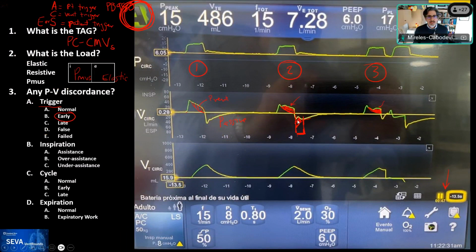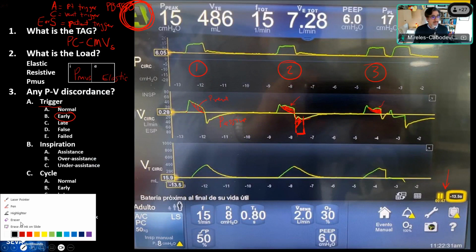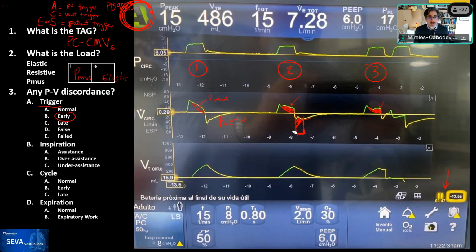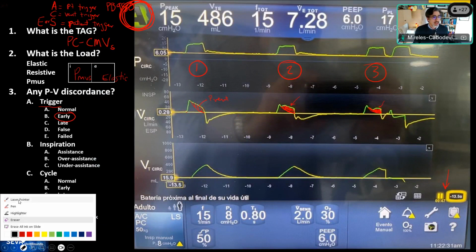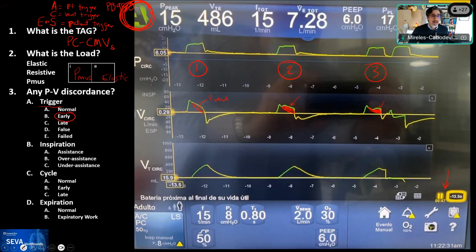Sorry, I'm erasing so that I can paint it better. My bad, that's an Eduardo issue. There you go. Let me paint what you're saying, Jorge, so everybody can see it. I love what you're doing, Jorge, because the key part is to understand where PMOS starts. So this one started here and probably ended right there, correct?